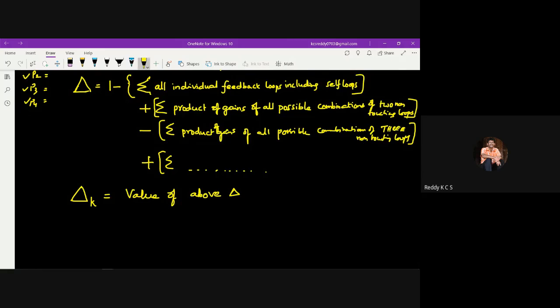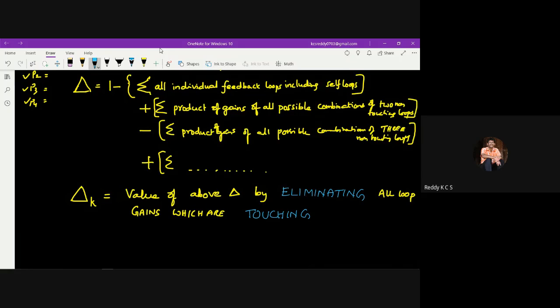In the sense, how are we going to write it? Very importantly, by eliminating all the loop gains which are touching.